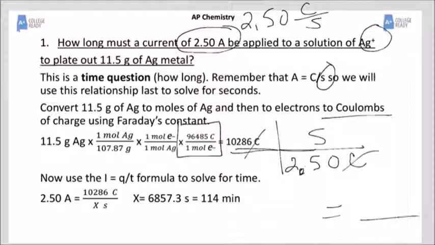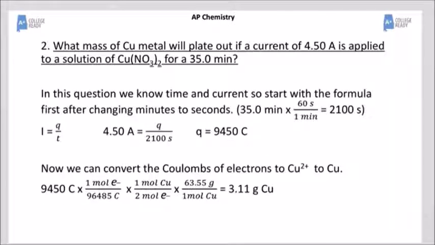I would divide, and then I would also have seconds the same way. So again, you can use the formula or just continue with dimensional analysis. It works both ways. There was not a time unit specified. I just changed it to minutes because that's kind of an unusual number of seconds. But again, if no time unit is specified, it would be fine to leave it in that unit.